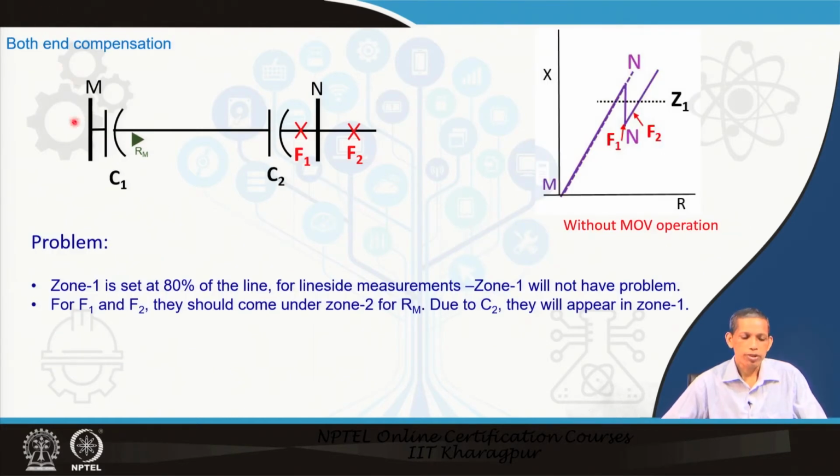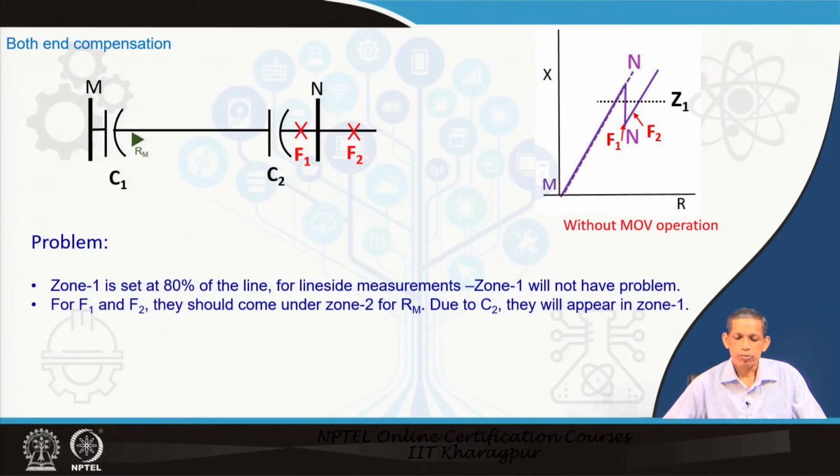Now, both end compensation is also an application area. So, let us say this relay has line side measurements, because it does not encounter the first capacitor, it can avoid it, but it will see in the forward direction the second capacitor in zone 2, because this is also at the line end.